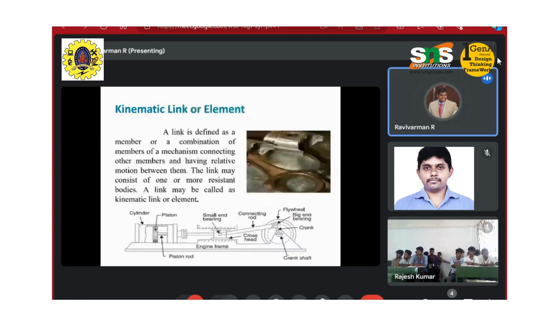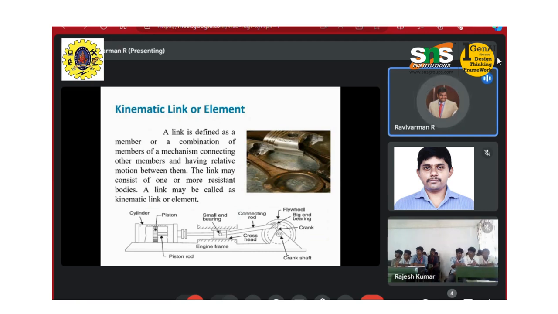So here we have a connecting rod and a piston, which is defined as a link or a member, or a combination of members which are connected and have relative motion between them. In the diagram shown here, the engine, we see the piston rod, engine frame, and the crankshaft, where the links have been made to connect.